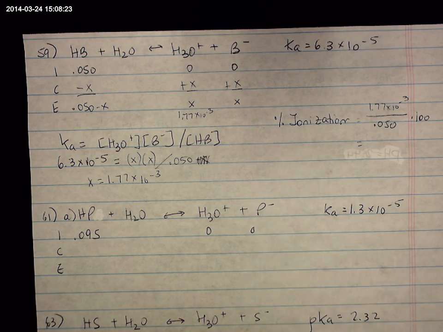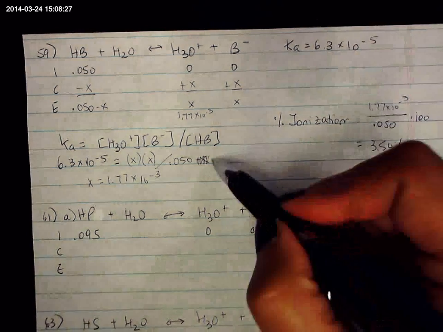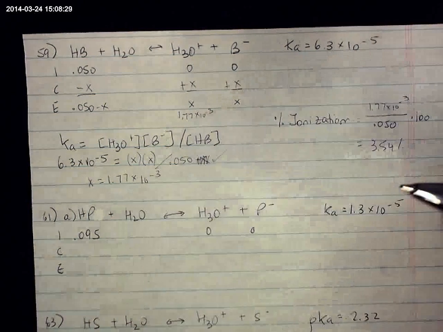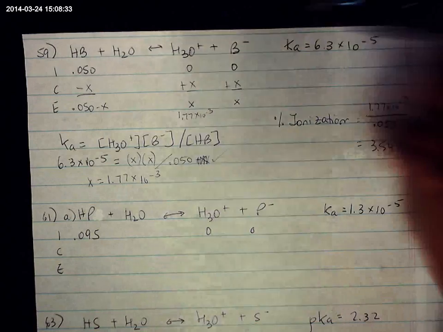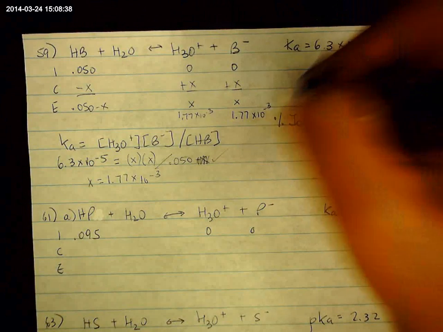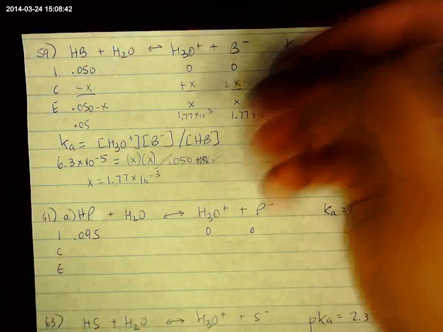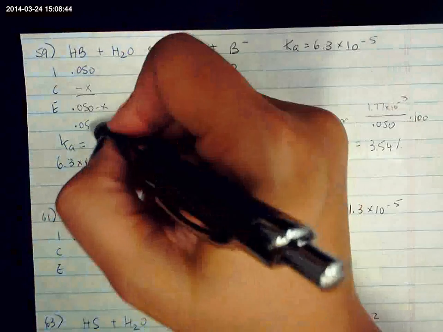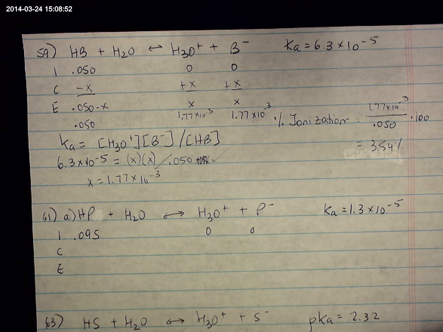Oh, perfect. So this happens to be 3.54% ionized, so it was okay for us to do that, so we can keep that value. So the hydronium concentration is 1.77 times 10 to the negative third, the benzoate concentration is 1.77 times 10 to the negative third, and then the amount of HB, even if you were to go ahead and subtract 1.77 from 0.050, should still be 0.050, after you apply all of the sig fig rules, decimal place rules.